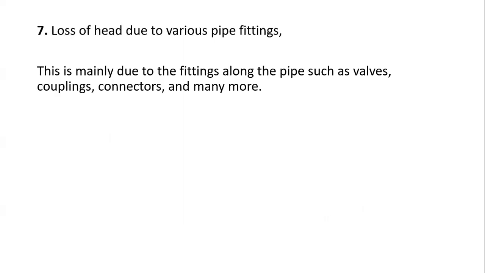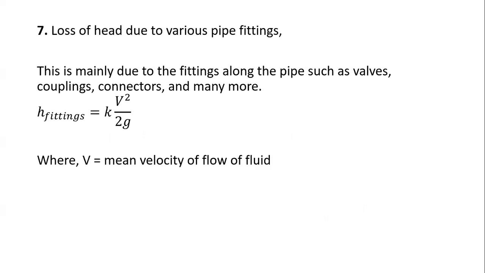Pipe fittings can also amount to some loss. Fittings in the pipe: K V squared over 2g, where K is a coefficient that depends on what fittings are there and will also vary.